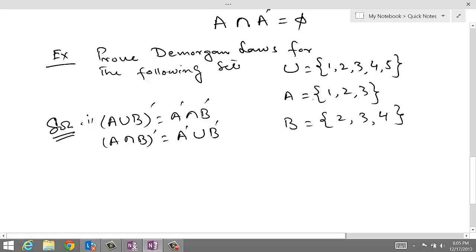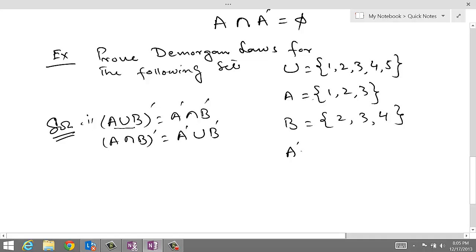So what are the calculations we need to make? We will need to find A complement, we'll need to find B complement, and we are going to find A union B for the left hand side and then take the complement. So let's make all the necessary calculations.